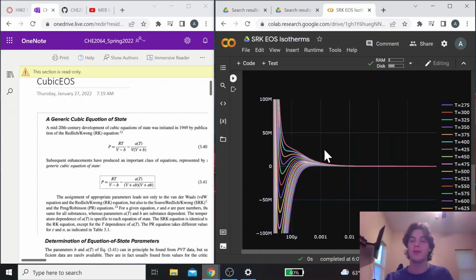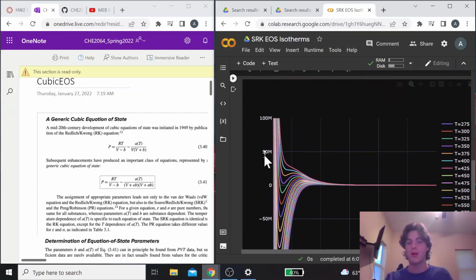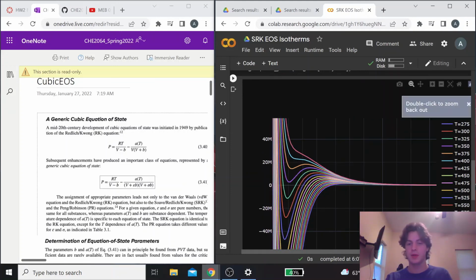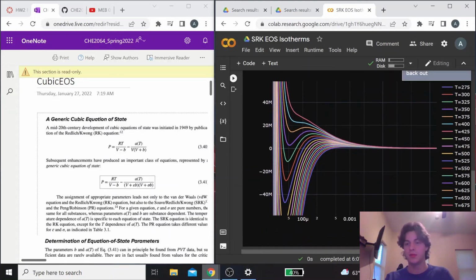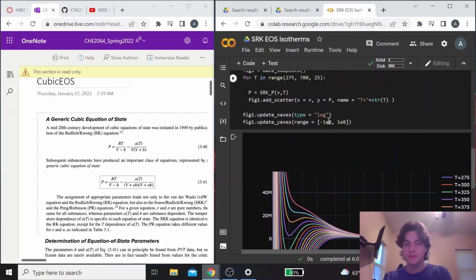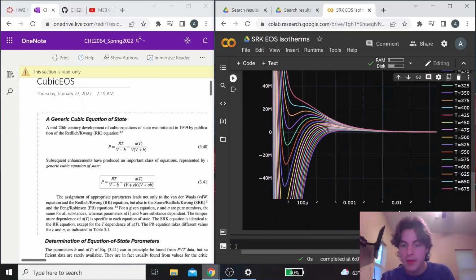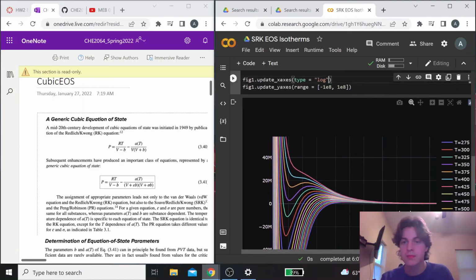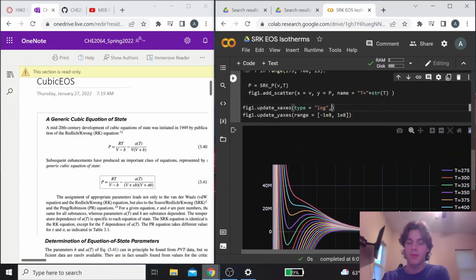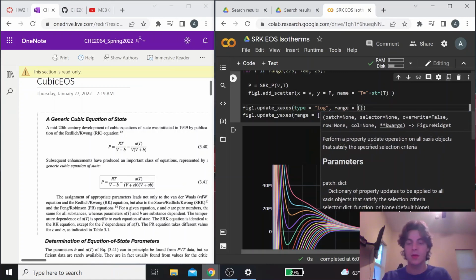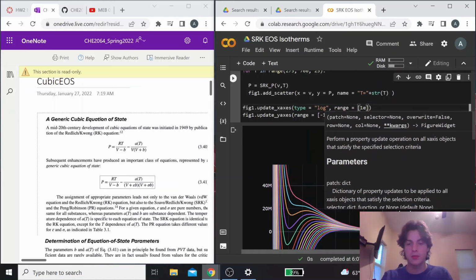We're going out way too far to the right. But if we zoom in here, you can see the isotherms, right? So I'm going to kind of edit the range of this. How far do we want to go out? Go 1E.